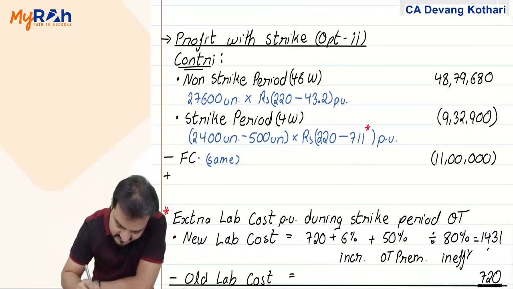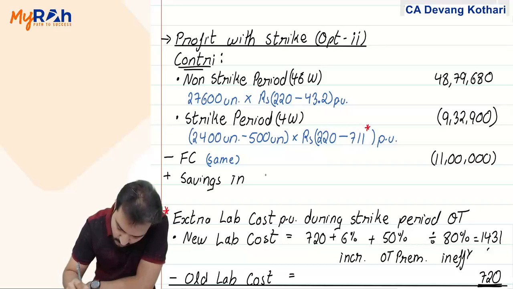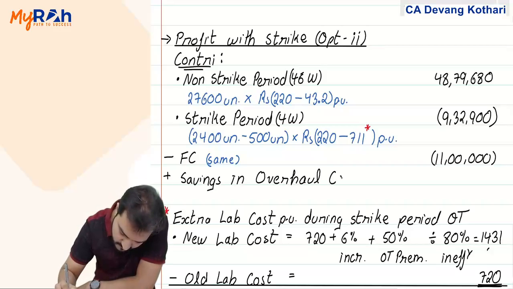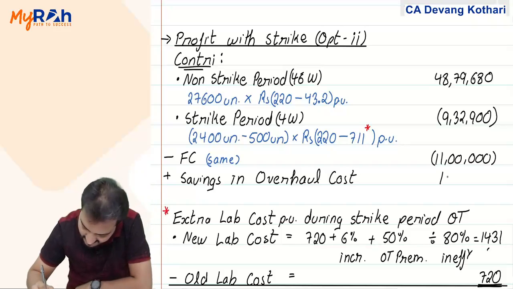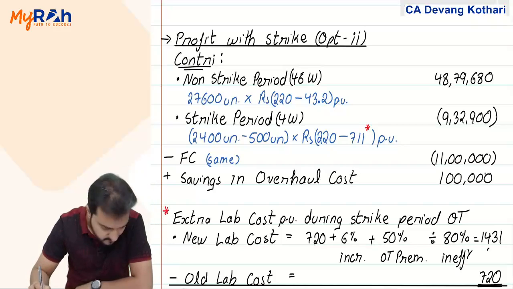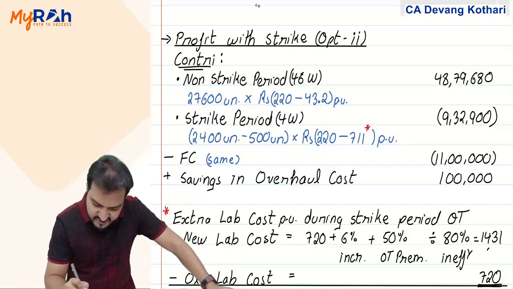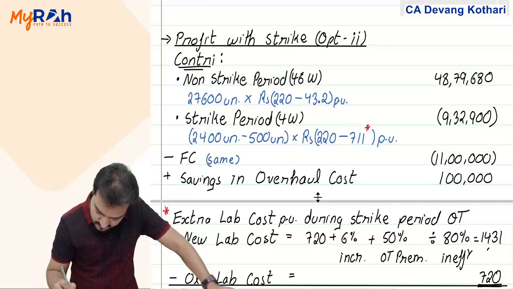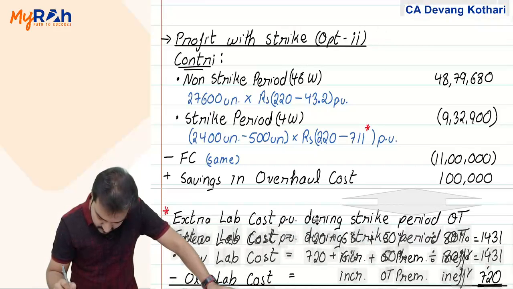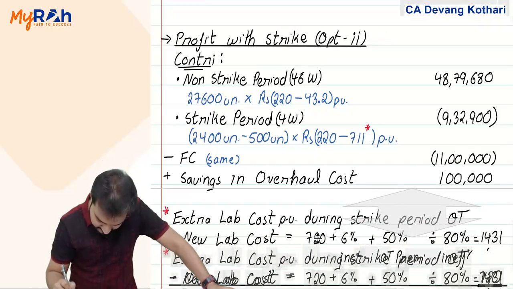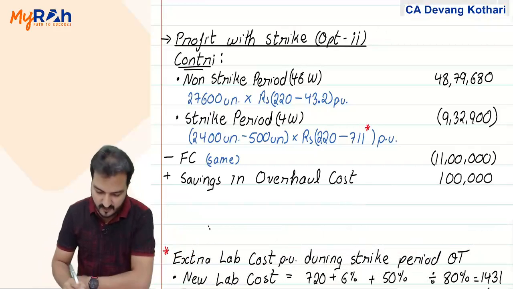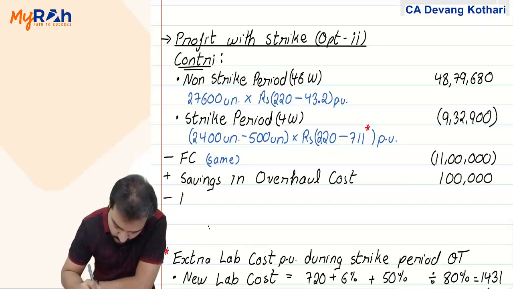But I have one saving in overhaul cost. Net savings in overhaul cost is 1 lakh, and there is additional fixed cost, given later, for overtime, 40,000.